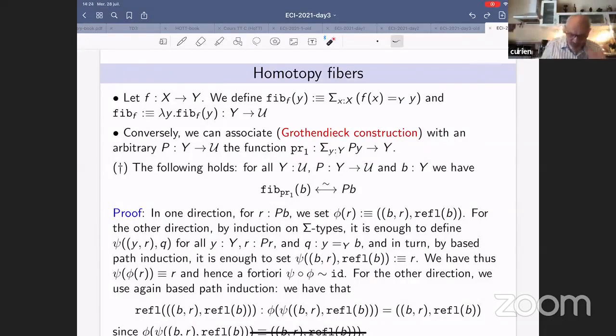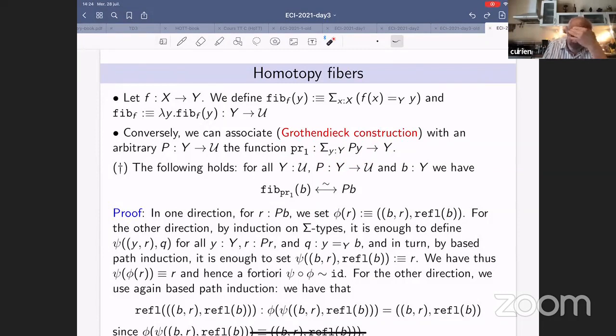So this was for getting a family of types indexed over Y given a function from X to Y. And conversely, given a family of types P from Y to U, a family of types indexed by capital Y, I can collect all the information of P in a single type, which is sigma y, P of y.